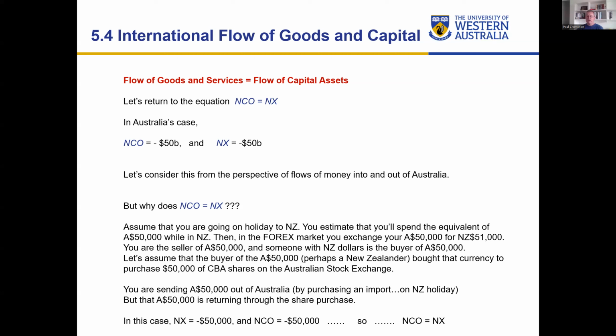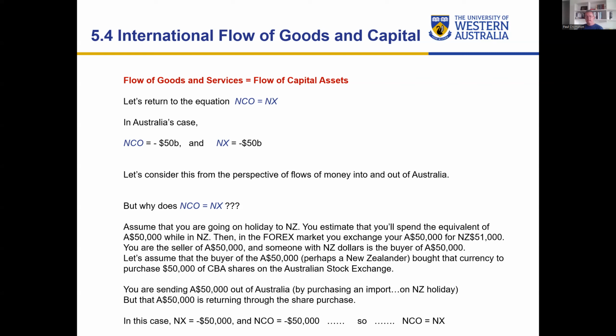But instead, I could change the example so that the New Zealander now takes the $50,000 Australian that they've purchased using $51,000 of New Zealand currency. They buy that 50,000 off you and use it to purchase $50,000 worth of Australian wheat. Make up some commodity, wheat.